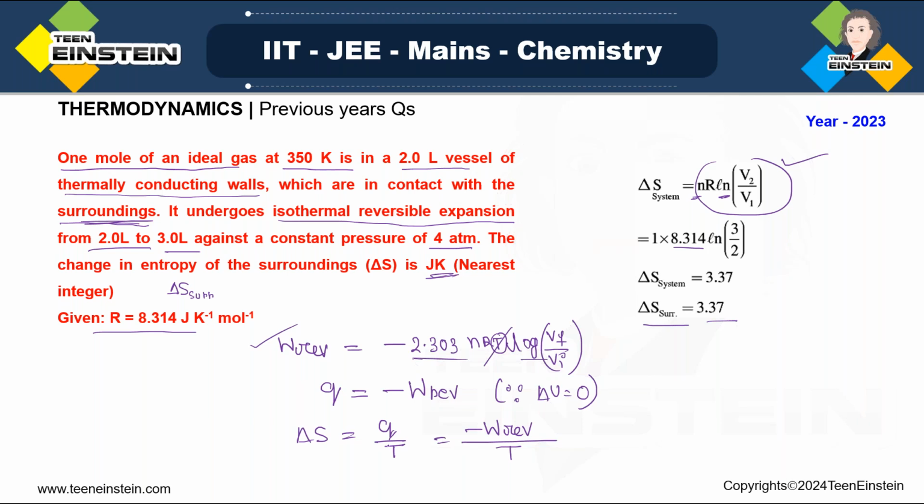So the formula will be the same as W reversible, but the only difference is that in this case there will be no T expression. That is the only difference we will have. Okay, so the answer is 3.37, and the nearest integer, if you take, will be only 3, right?